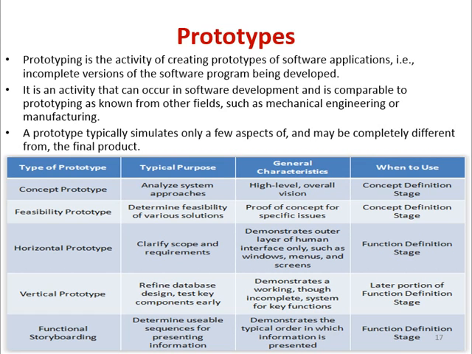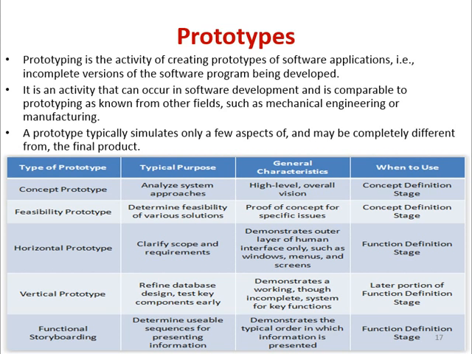There are certain types of prototypes also: concept prototype, feasibility prototype, horizontal prototype, vertical prototype and functional storyboarding. Let's quickly look into them in detail. The typical purpose of the concept prototype is to analyze system approaches, general characteristics, high level, overall vision, and it is used in the concept definition stage, at the very early stage of the project.